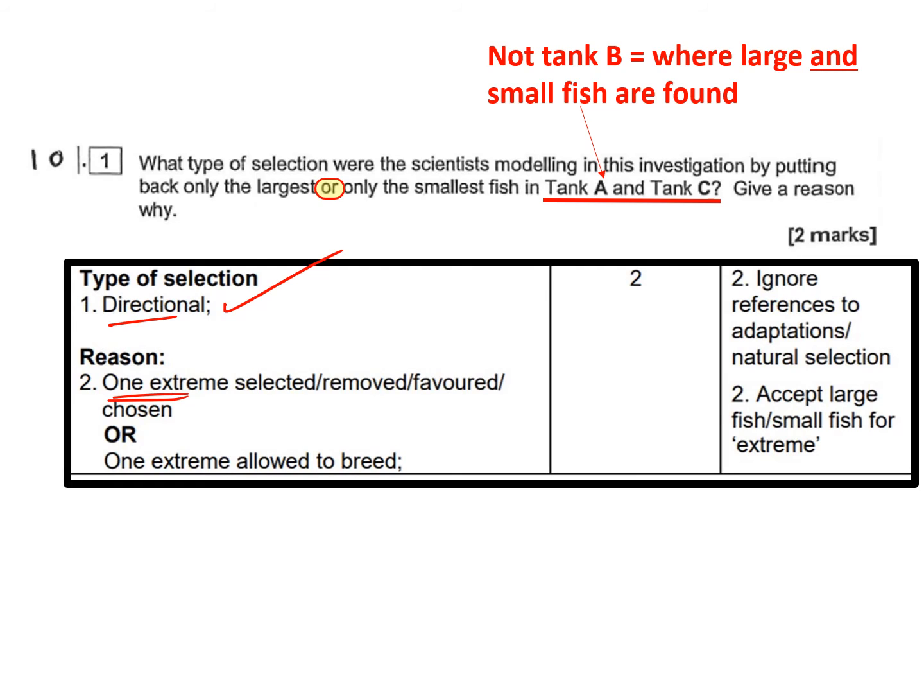Because one extreme, not two extremes, but one extreme is being selected for in that particular tank. So in tank A, we said the large extreme is being selected for, and in tank C, the small size extreme is being selected for. So one extreme only is allowed to breed in that tank.